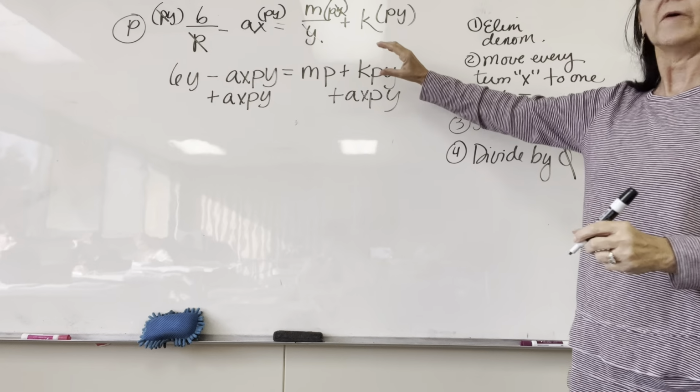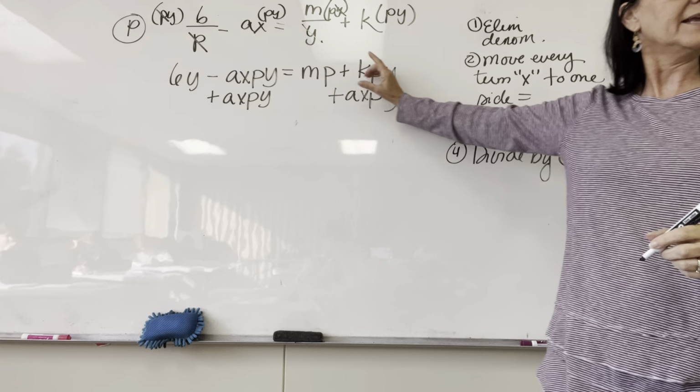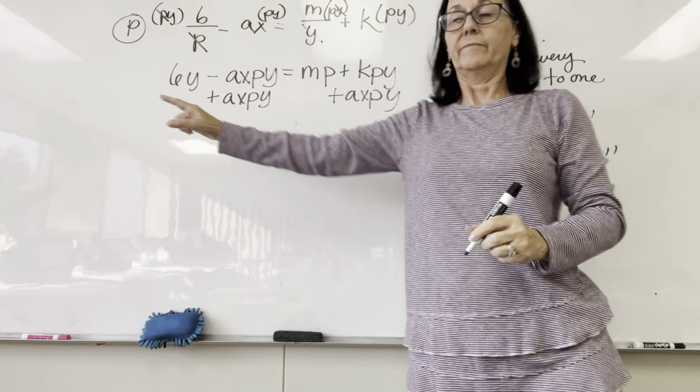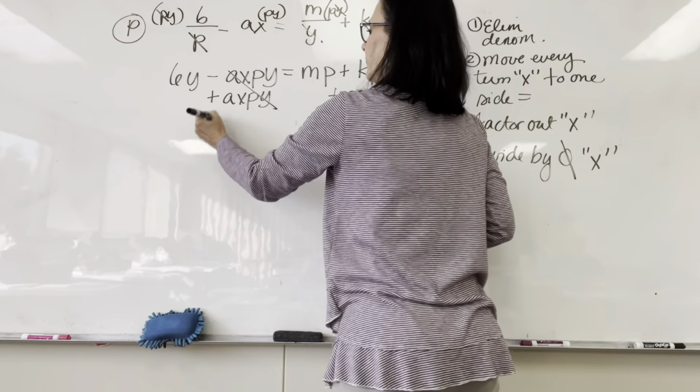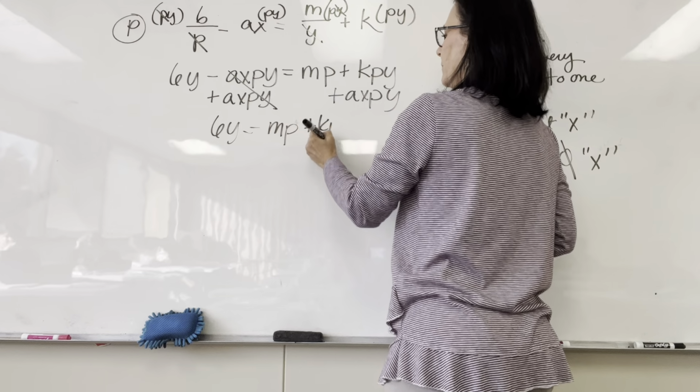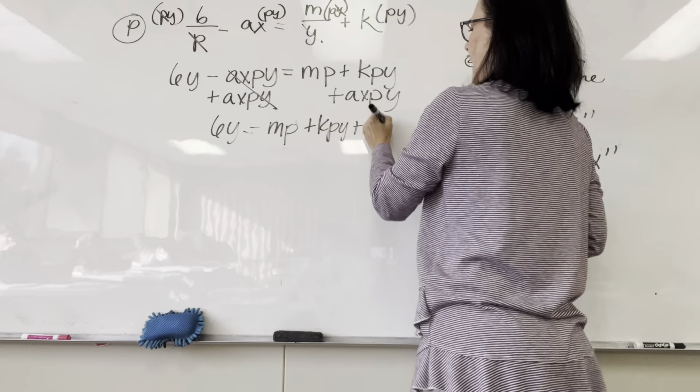Sometimes you might have a term on this right-hand side that doesn't have a p in it, so you need to move it to the left. Make sense? So I'm left with 6y equals mp plus kpy plus axpy.